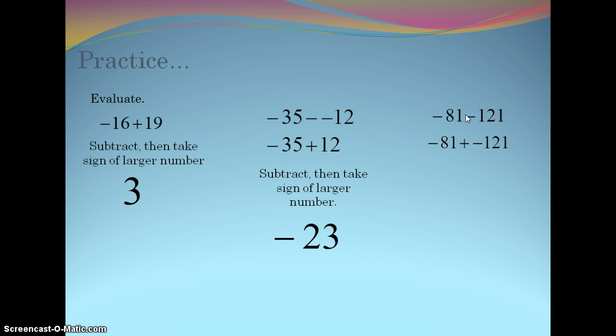Like I said, I'm just going back to the rules on the first slide, so I'm going to rewrite it here. So now I'm adding two negative numbers. When I add two negative numbers, I just simply add them and attach a negative to my answer. A negative plus a negative will always be a negative. Final answer is negative 202.